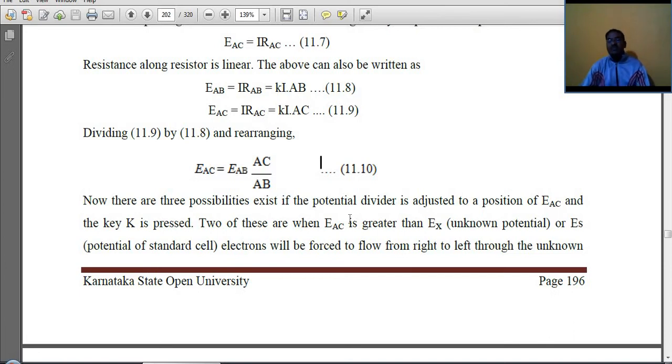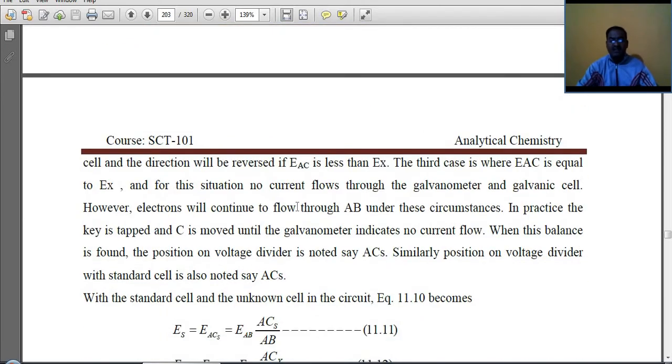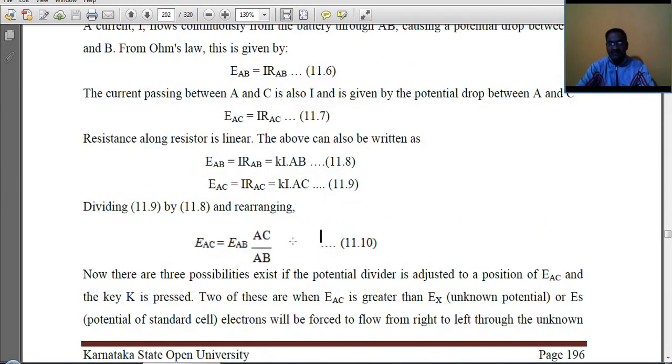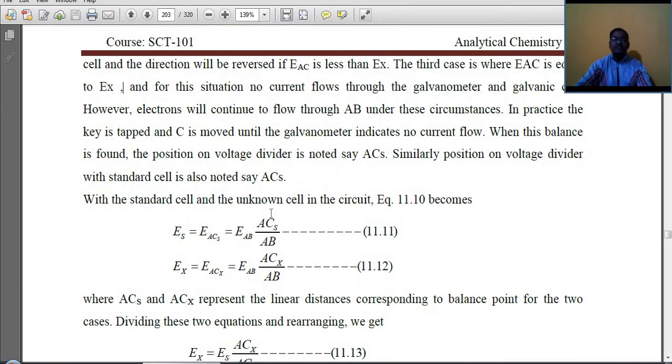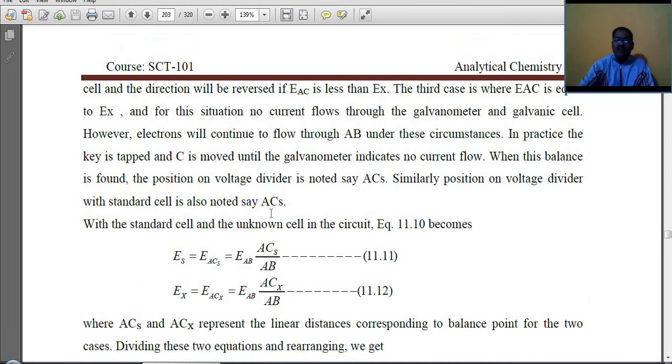Electrons will be forced to flow from right to left through the unknown cell, and the direction will be reversed if EAC is less than EX. The third case is where EAC is equal to EX. For this situation, no current flows through the galvanometer and galvanic cell.